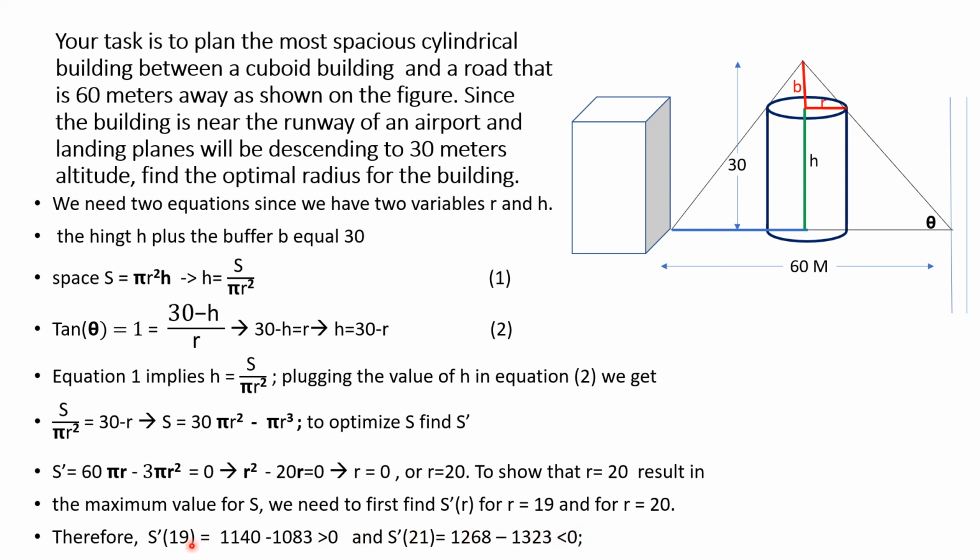So we can see that for 19 the slope is positive, and for 21 the slope is negative. In between, for 20 the slope is 0. So this must be a maxima, and since this is a maxima, it guarantees that we're going to get the maximum space for the building.